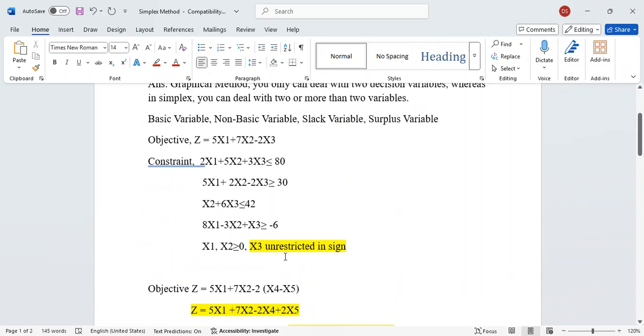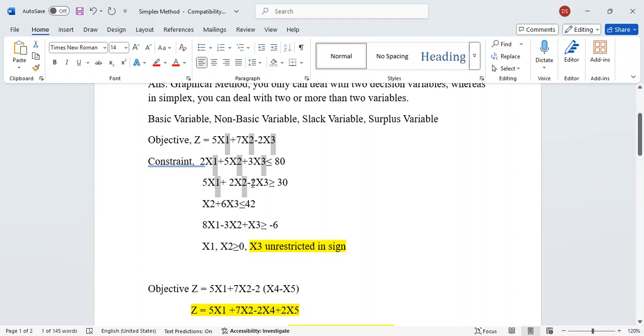In this way, first you look at what the constraints are and their signs, and all the assumptions need to be considered first. Once the assumptions are considered, the equations should be written properly. You check whether any unrestricted signs are there or not.